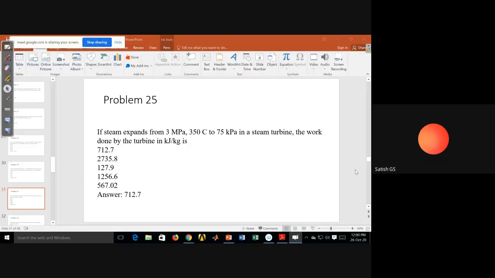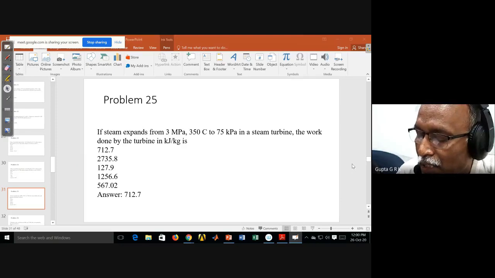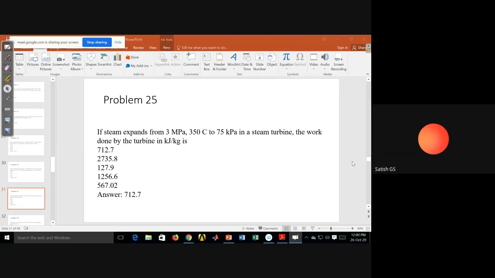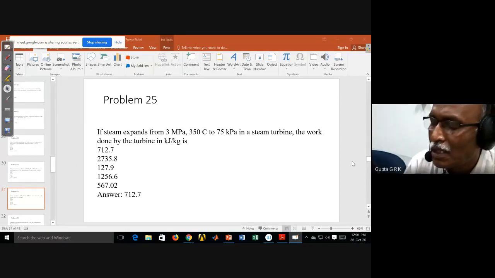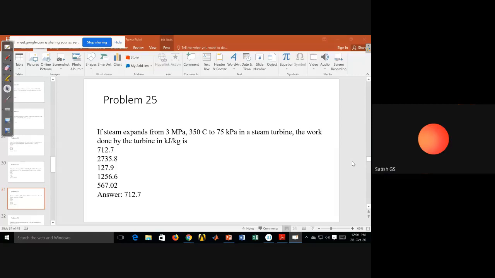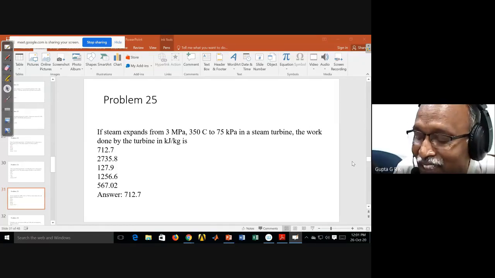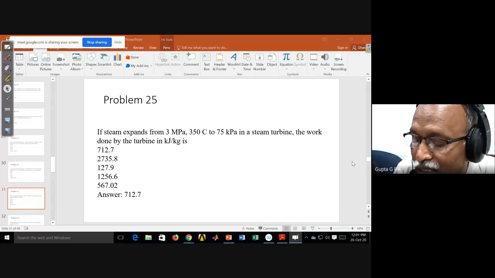Sir, for 25th problem, we can directly use compression ratios. Compression ratio means what is the way? Reversible adiabatic process. No. This is not a perfect gas, right? That's the problem. Did you understand? I have to use steam tables only. I cannot use perfect gas relations.